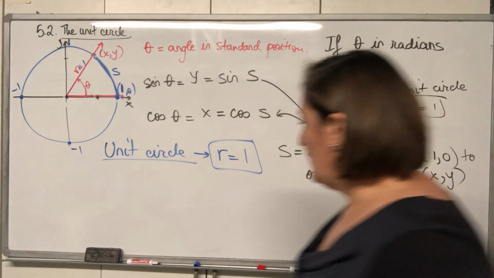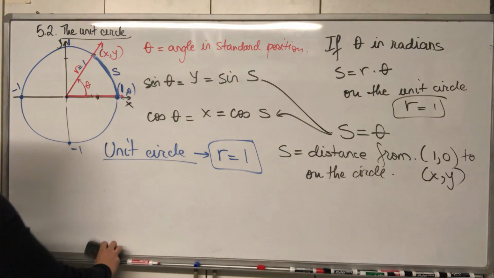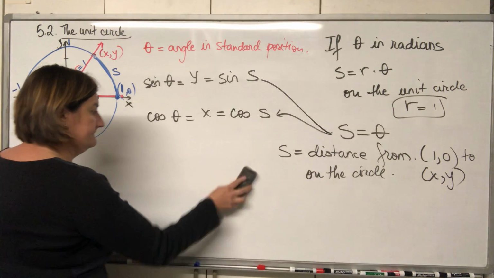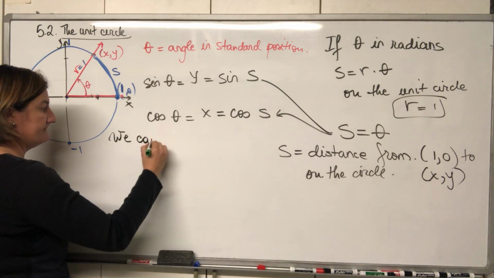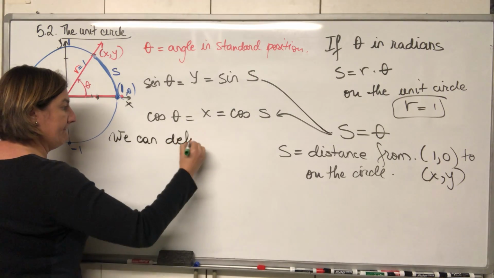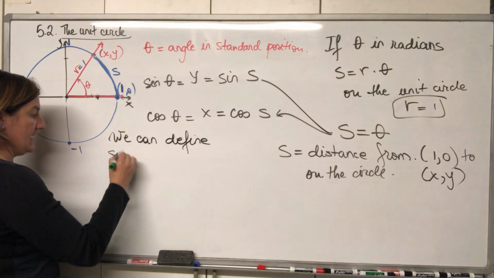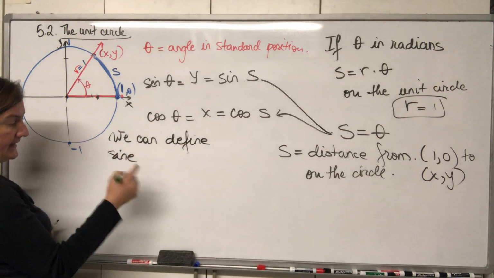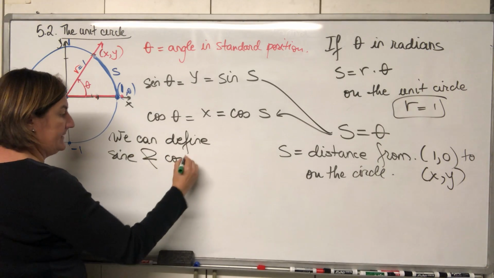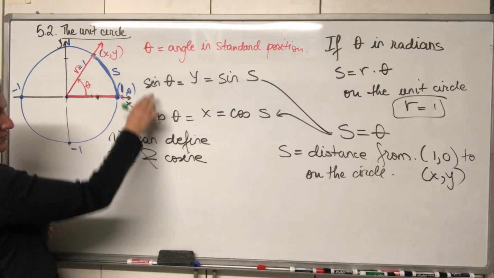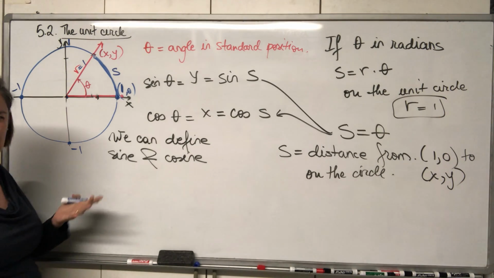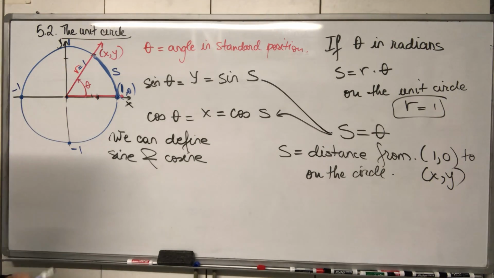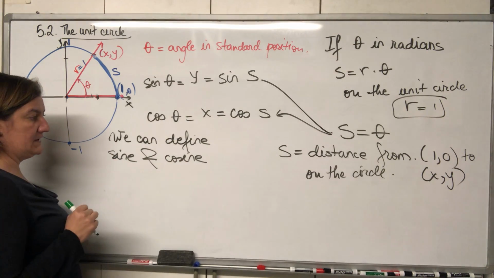So, in other words, we can finally define sine and cosine. By the way, sine and cosine are the short version, the shortcut, like we write log instead of logarithm, but these are the names of these functions.